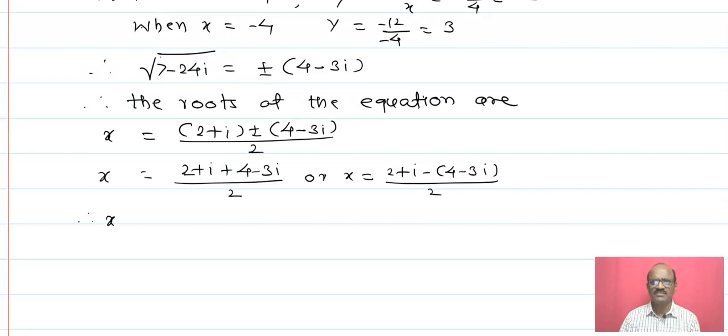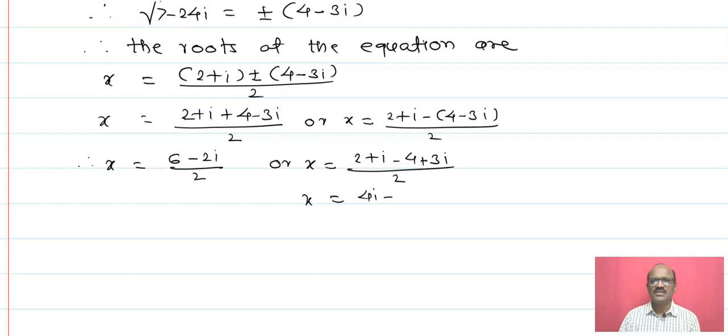Therefore, it becomes x is equal to 2 plus 4 is 6, i minus 3i, that is minus 2i, upon 2, or x is equal to 2 plus i minus 4 plus 3i, and that comes, that is 4i minus 2.